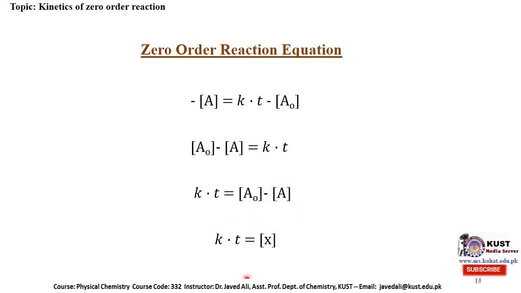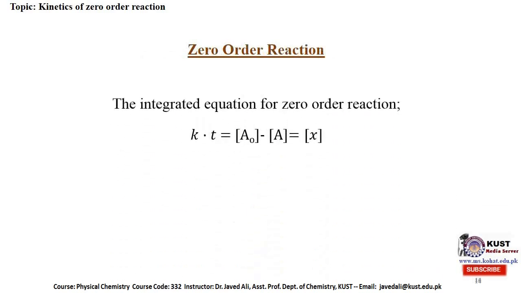These equations represent that the rate of formation of products only depends upon K and time, and does not depend on the concentration of reactant. So when the K value is high, the concentration of product will be high, and the more time given to the reaction, the concentration of product will be high.